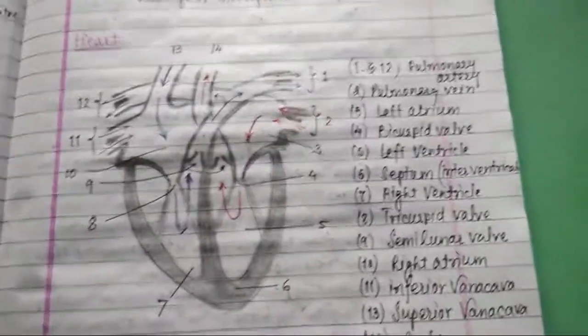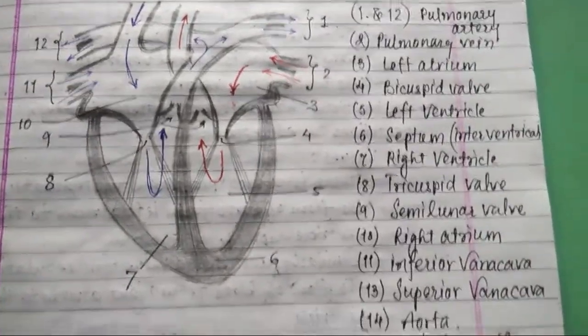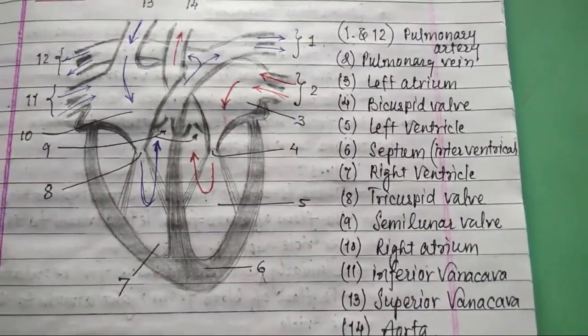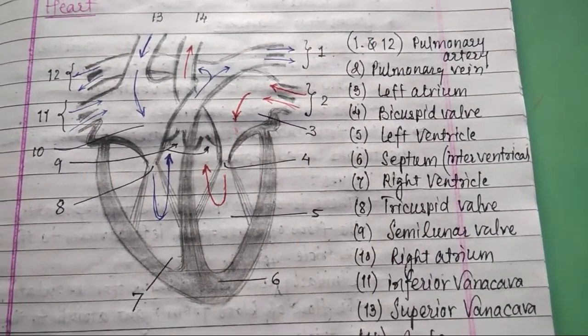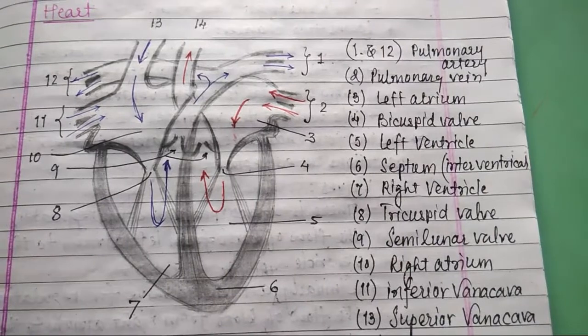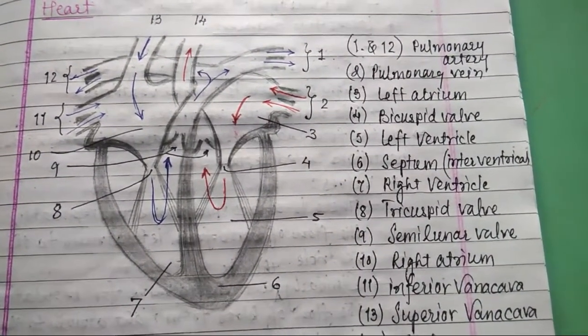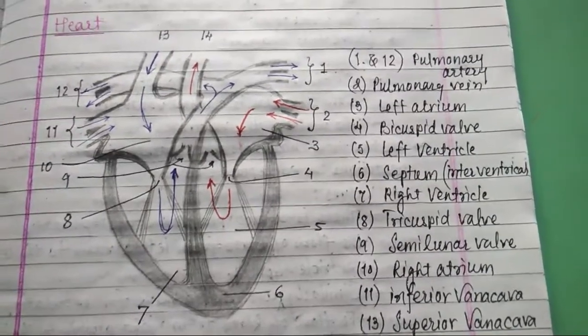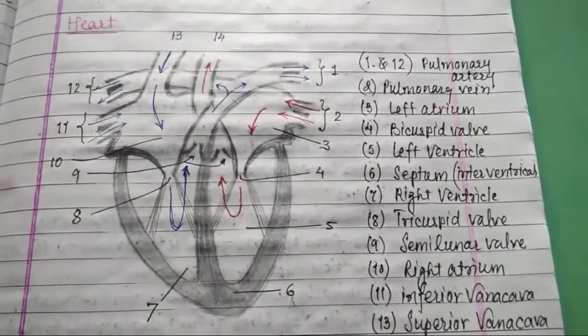Now the heart. This is the diagram of the heart with labeling. You have to draw this heart, because the diagram of the heart is asked for 3 marks with labels.